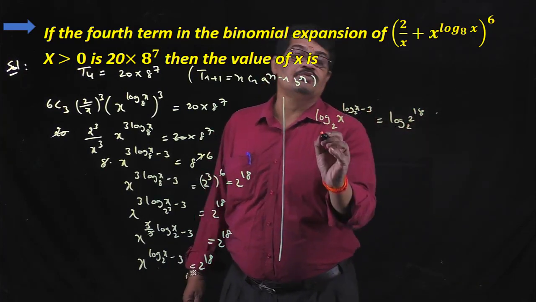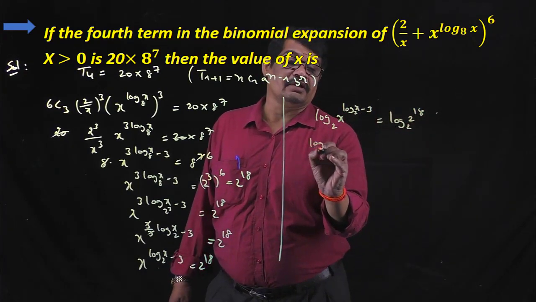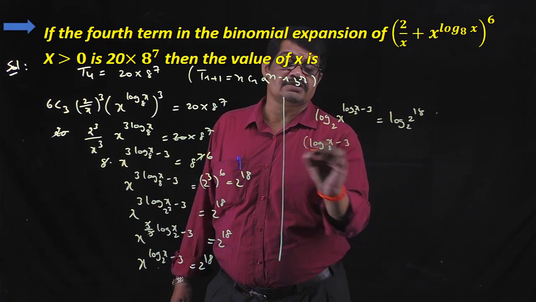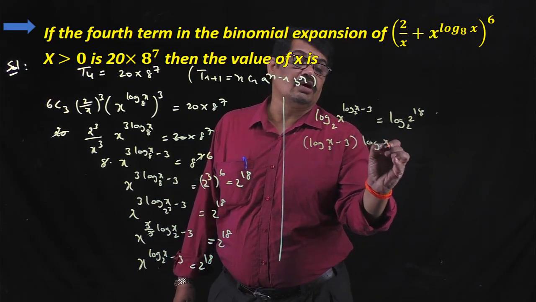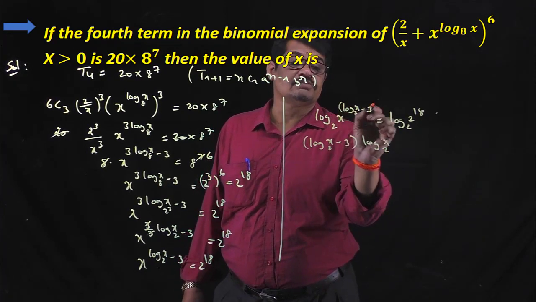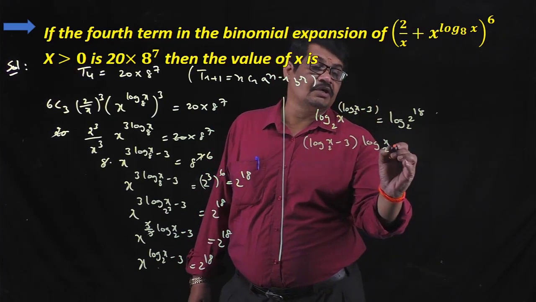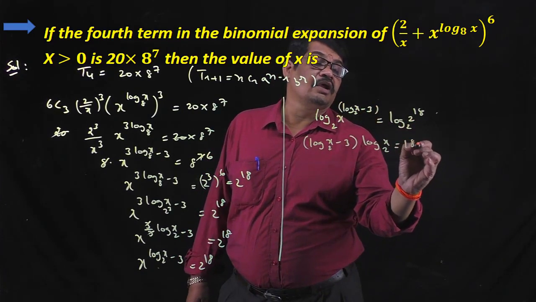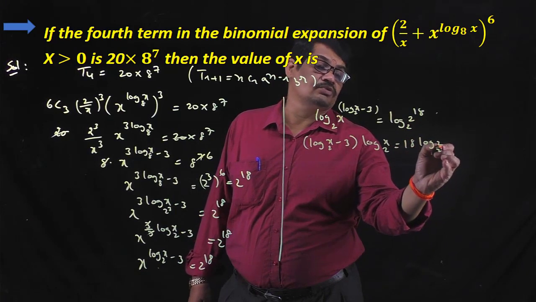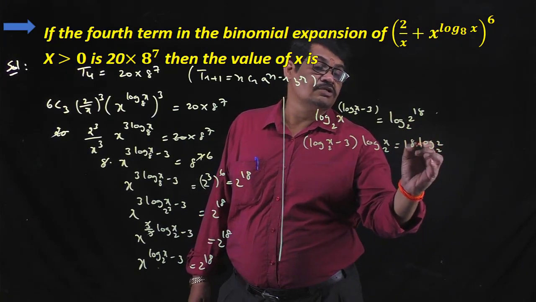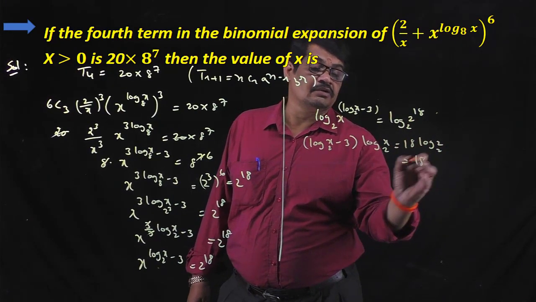The power moves to this side, so we get log x to the base 2 minus 3 into log x to the base 2, equal to 18 log 2 base 2, that is nothing but 1, so 18.